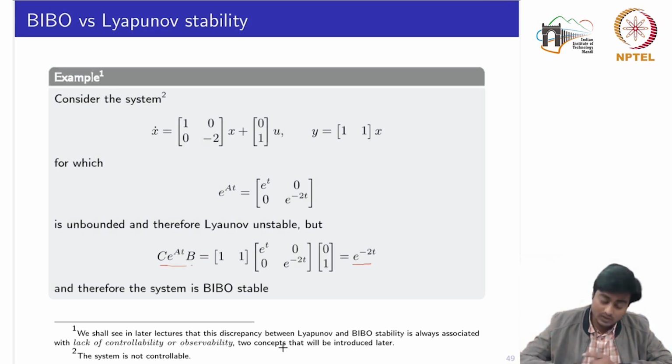These two concepts we will see in later lectures. By the way, if we apply the controllability tests we are going to introduce next week, you would notice that this system is not controllable.